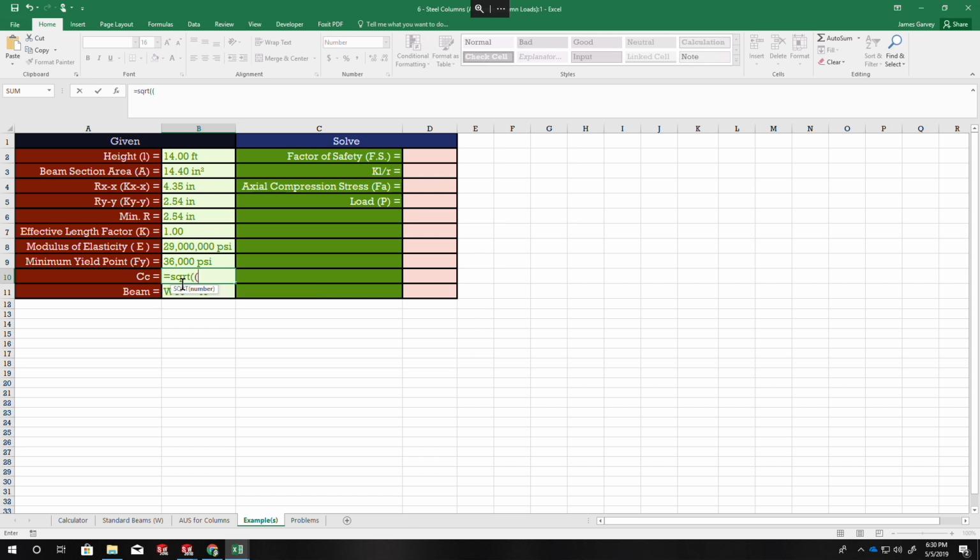So that's that times 2 times pi, which in Excel once again is PI parenthesis, parenthesis, squared. And then that's times our modulus of elasticity. I'm just putting parentheses on here. That's actually not necessary, but I do it just to separate things out. And then that's going to be divided by our minimum yield point. And press enter. And as you see, it's 126.1.